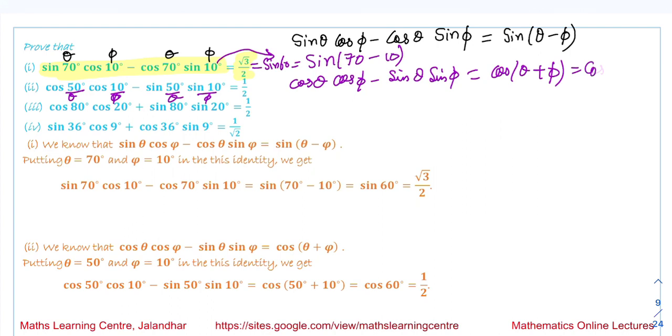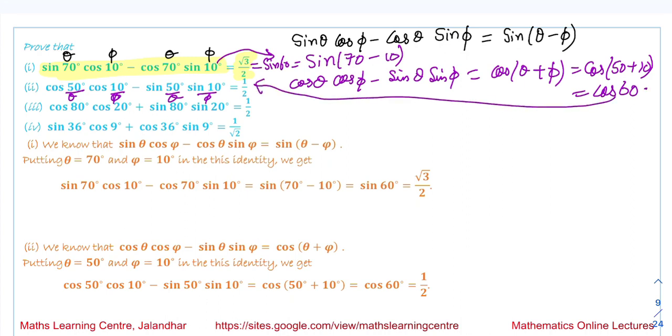That is equal to cos of 50 plus 10, which is cos of 60, and the value of cos of 60 we know is 1 by 2. In the next part we have cos theta cos phi plus sine theta sine phi. This is the formula for cos of 80 minus 20, that is equal to cos of 60, and that is equal to 1 by 2.